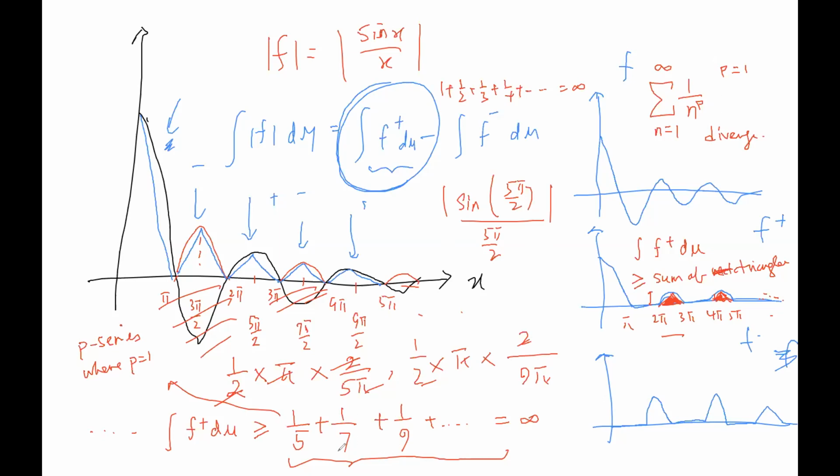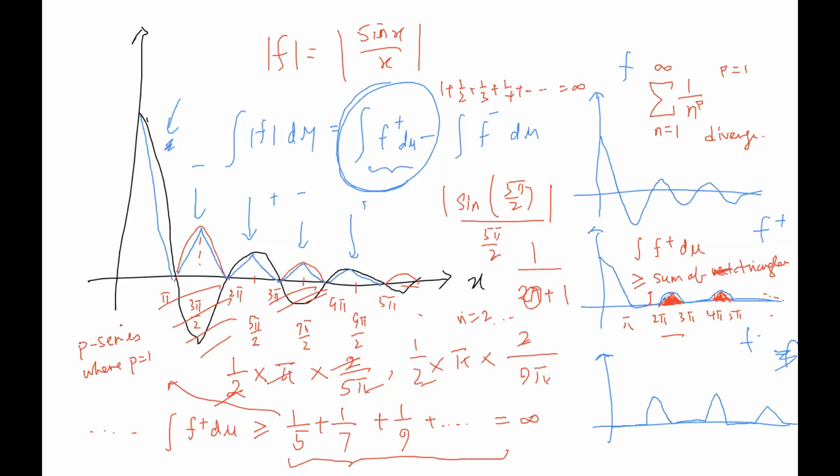Because basically this part is something like 1/(2n+1). It doesn't matter that your n is starting from 2 and onwards; overall the power of p is still 1, right? So this is actually a divergent series.